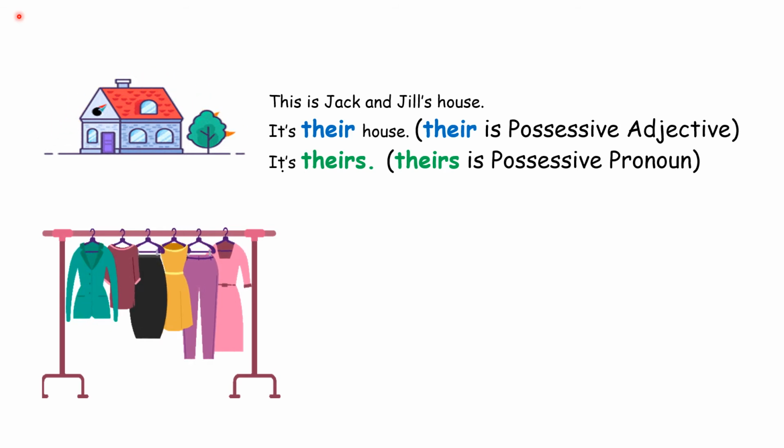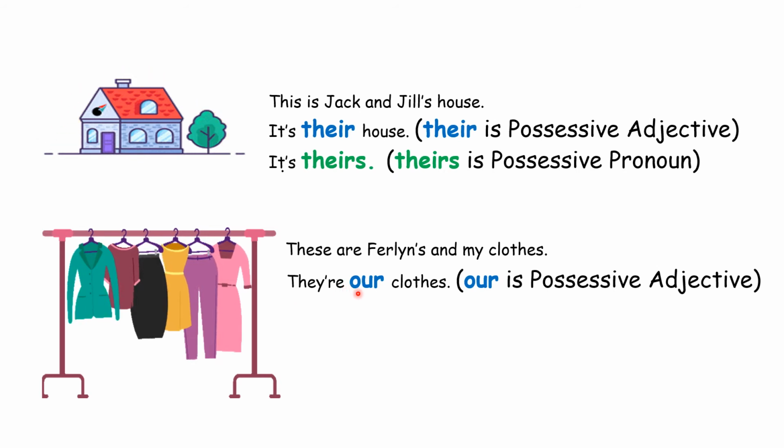Another example is, these are Ferline's and my clothes. So to tell others that the clothes belong to Ferline and myself, I can say, "They're our clothes." They're refers to the clothes, which are many, and our refers to Ferline and myself as a possessive adjective.